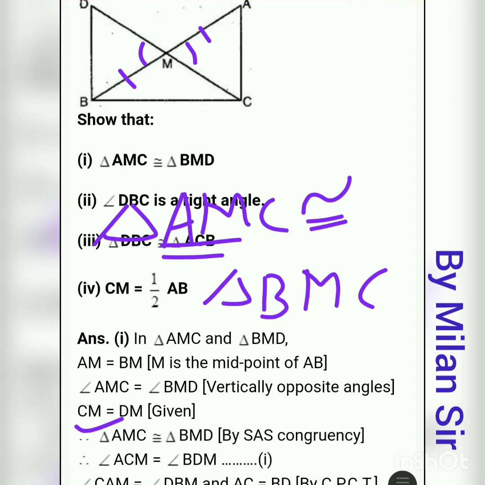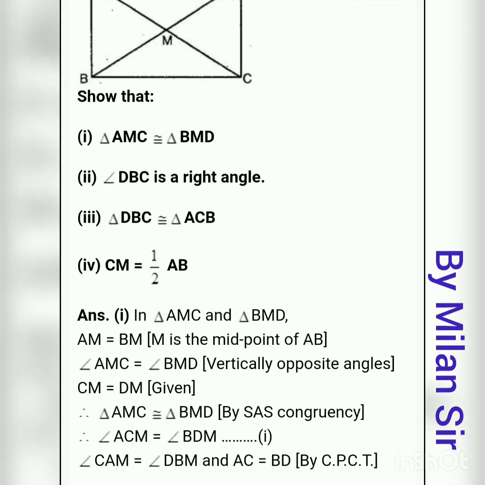Here the third vertex is not C, we need to write D, right? Triangle BMD. So triangle AMC is congruent to triangle BMD, and the criteria is side angle side. So we write triangle AMC congruent to triangle BMD by SAS congruency criteria. Okay, done.